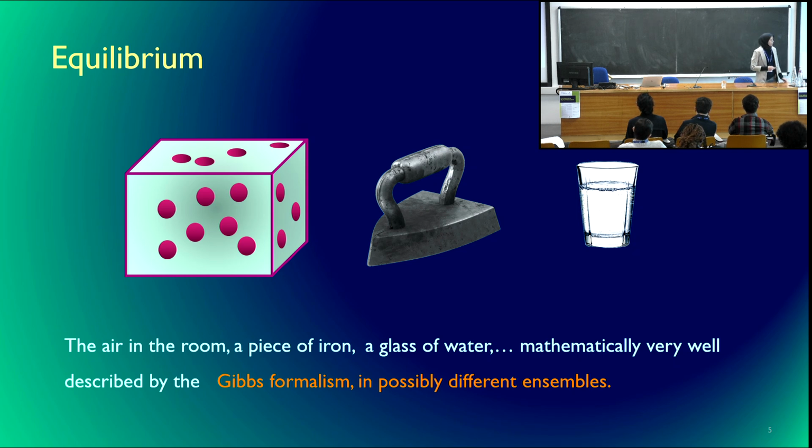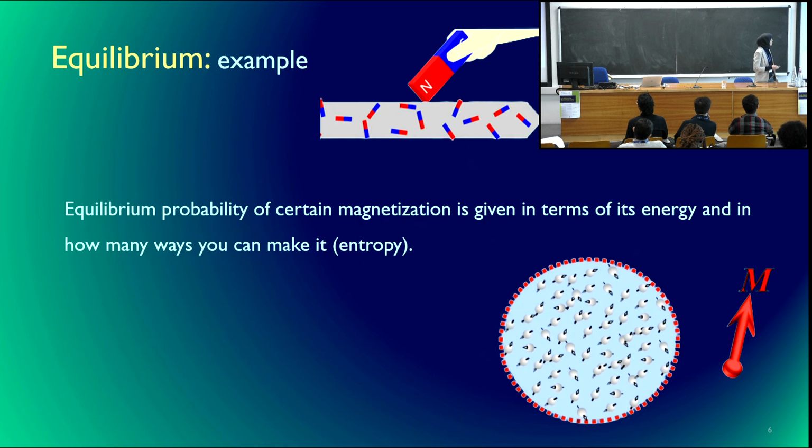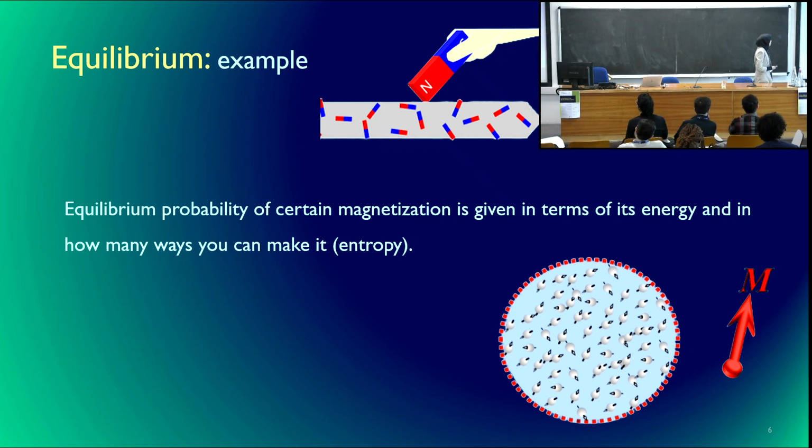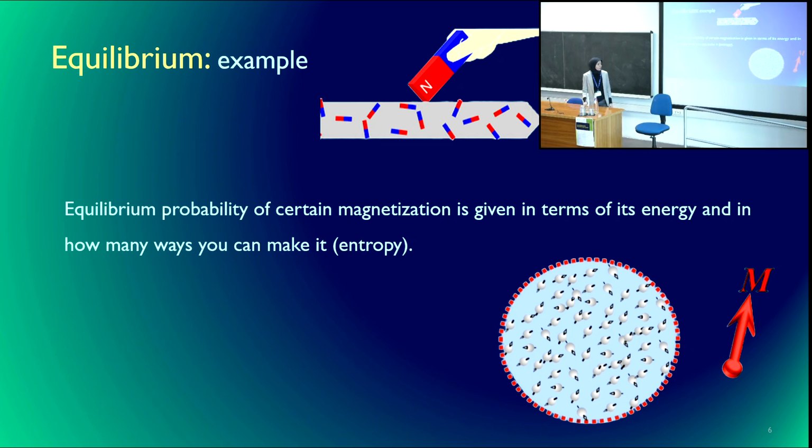It's nice but boring. For example, we are interested in the probability of a certain magnetization for a given state. Who likes entropy? How many ways do you have to reach this state?